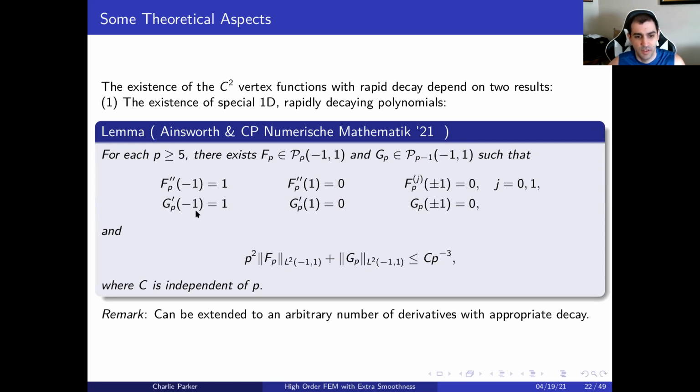And g is the same thing, but for the first derivative. And so these functions' L2 norms decay very fast in p. So f decays like p to the -5 in L2, and g decays like p to the -3. And just a quick remark is that you can construct these functions for an arbitrary number of derivatives that you want to interpolate, and the decay will behave in the same fashion.